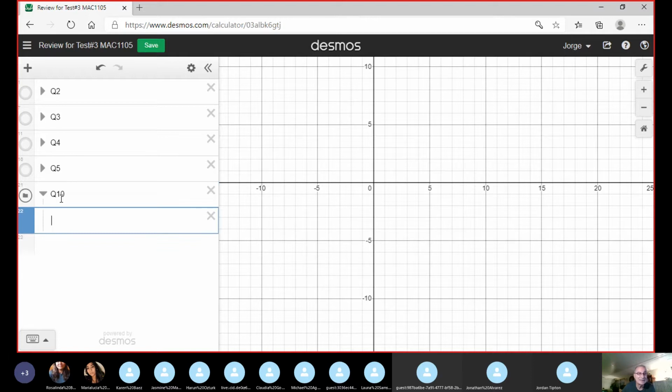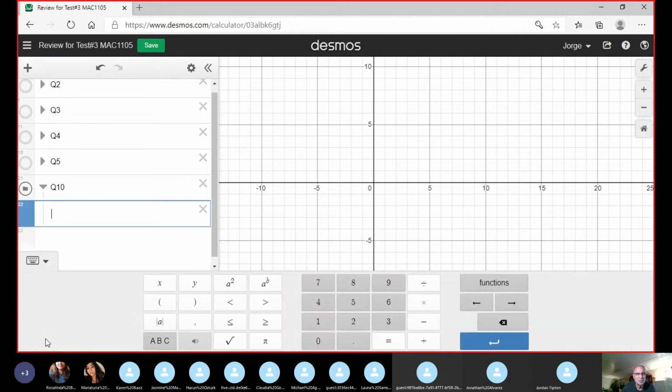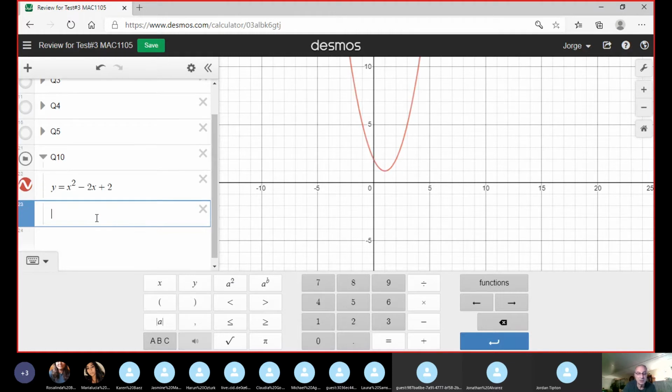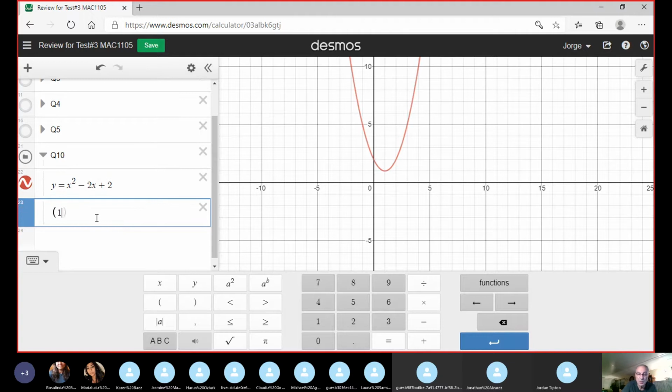The equation is, let me put y. Why not? y equals x squared minus 2x plus 2. Boom. Okay, look at that. The vertex, look at the point (1, 1). Blue color.